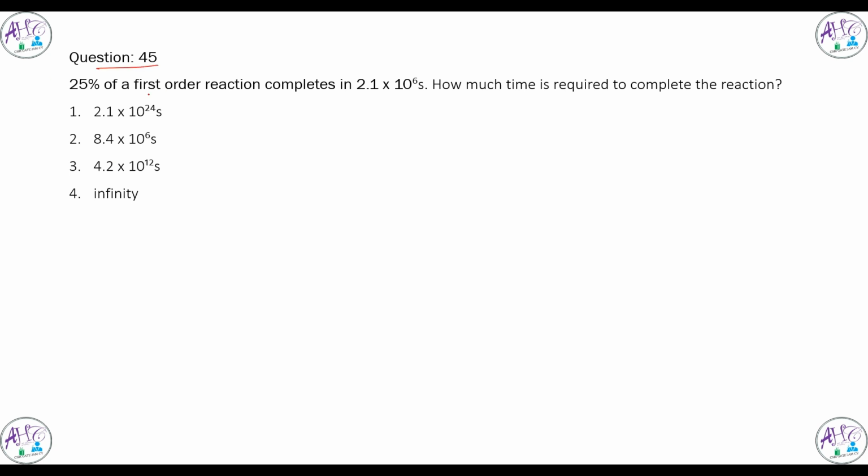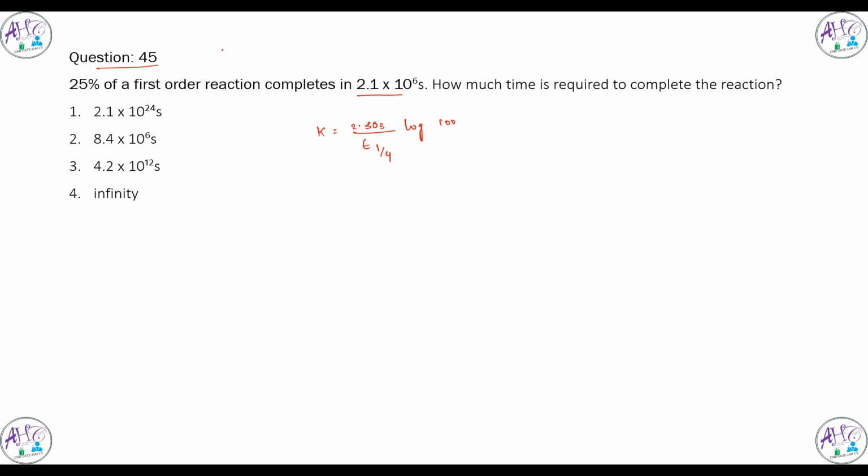45th question. What they have asked: 25 percentage of a first order reaction completes in 2.1 into 10 power 6 seconds. How much time is required to complete the reaction? So we know the first order formula: k is equal to 2.303 by t into log of initial over remaining. 25 percentage is nothing but t 1 by 4.